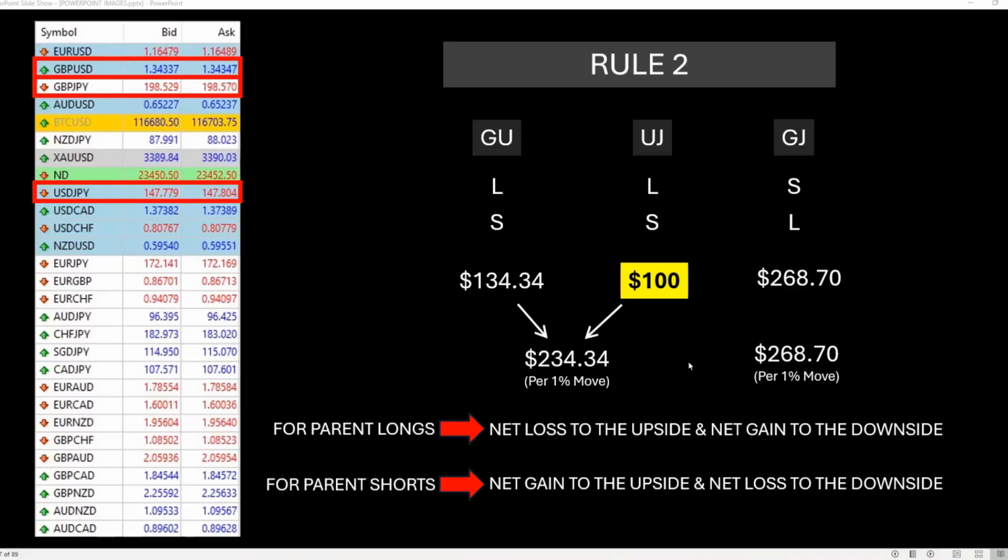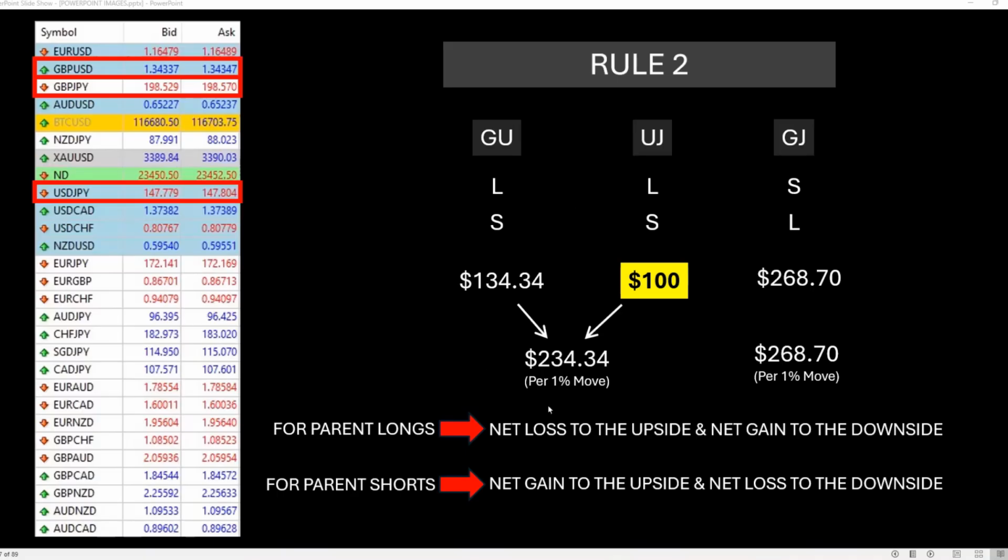Now, assuming the second scenario, where both the parent pairs are short and the cross pair is long, this could be the opposite. Because both parents are short, as it moves to the downside, both parent pairs in totality will be making around $234 per every 1% move to the downside, because it's short and the market is moving to the downside.